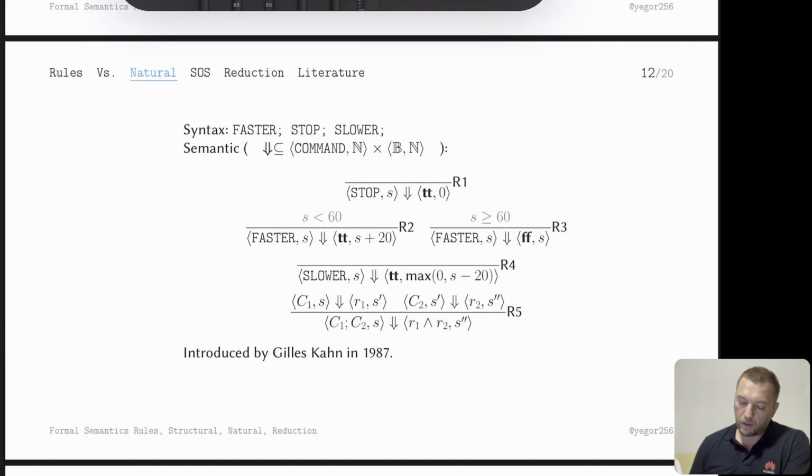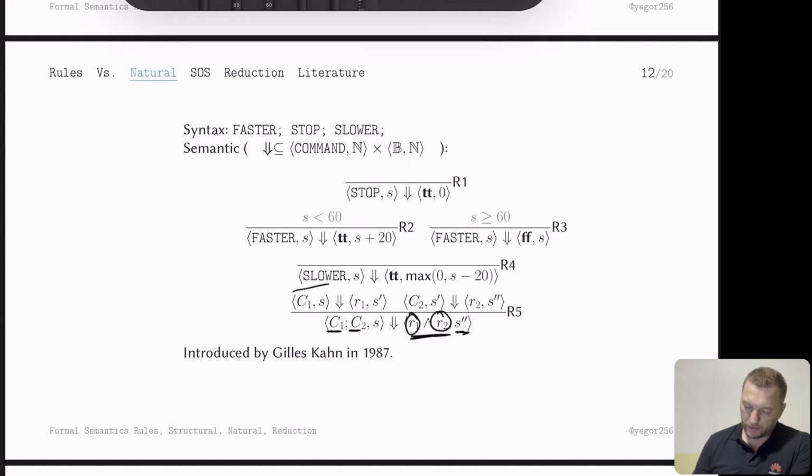And finally, the rule number 5, an interesting rule, which says if I give commands one after another, then it will execute the first command and the second command and return me the logical and if both commands were true, and the speed will be changed twice.